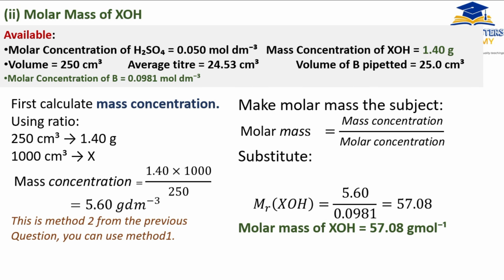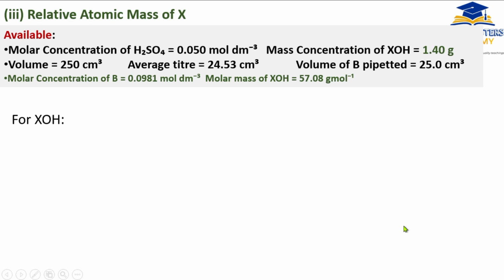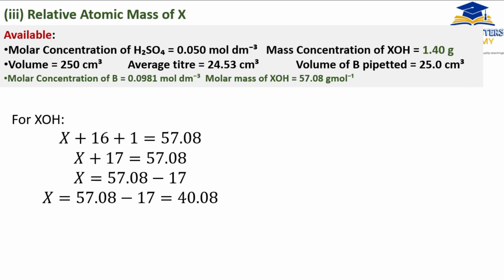What do you have and what are you looking for? What are the formulas you know? This would guide your next step. So go through step by step. I used this to know my mass concentration. I told you the two methods you could explore, and this is your answer. So we're getting now the relative atomic mass of X, just as usual, and this is it.